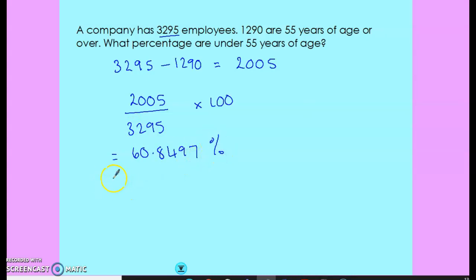And let's round that to 1 decimal place, which would be 60.8. I just want 1 number after the point, that's that 8. There's a 4 beside it, so that doesn't change my 8. So 60.8%.